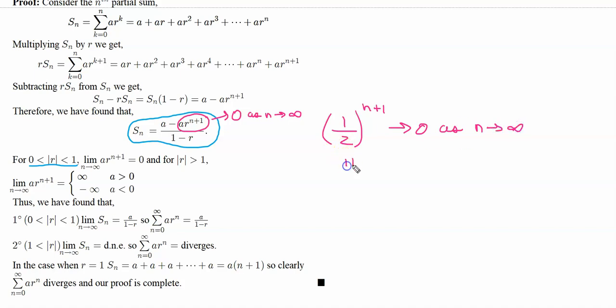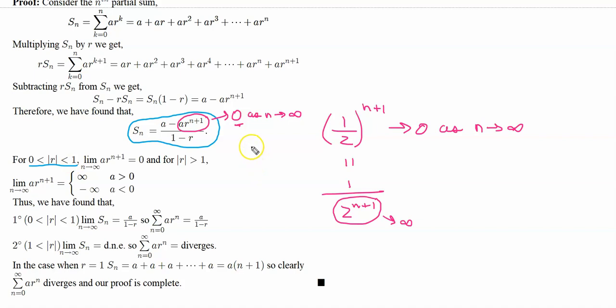Because this is equal to 1 over 2 to the n plus first power, so as n goes to infinity, the denominator here is certainly going to infinity very rapidly. 1 divided by infinity is 0. So this term will go to 0 as long as r is between 0 and 1.